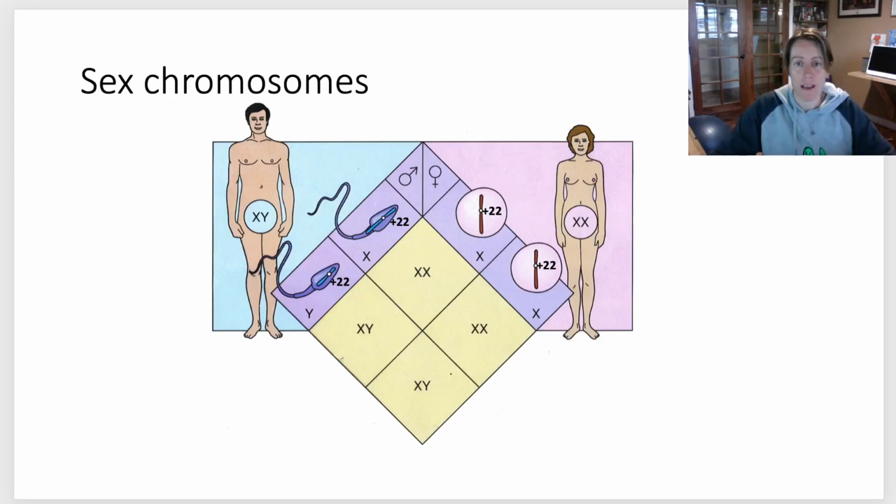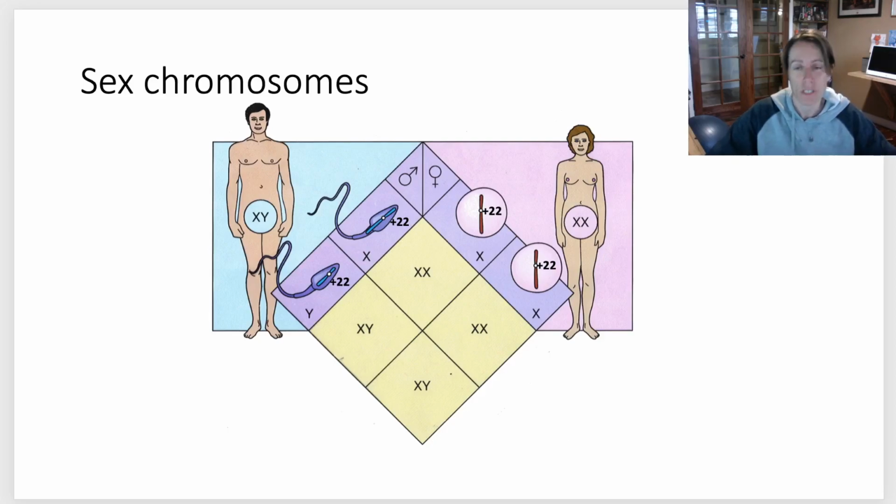Okay, this next short video is going to talk about different aspects of sex chromosomes and sex-linked disorders or diseases. First of all, I'm sure most of you are aware that humans have a chromosomal way of determining sex.